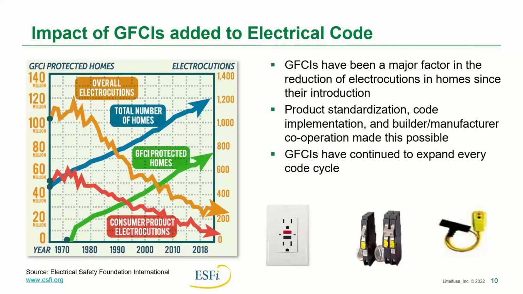Although this is talking about residential, if you stop and just consider that impact, it's pretty amazing that since 1970 compared to today, there are almost 1,000 deaths that are now prevented every year. And that's a lot of families, a lot of people that have the benefit of these safety technologies coming into play.